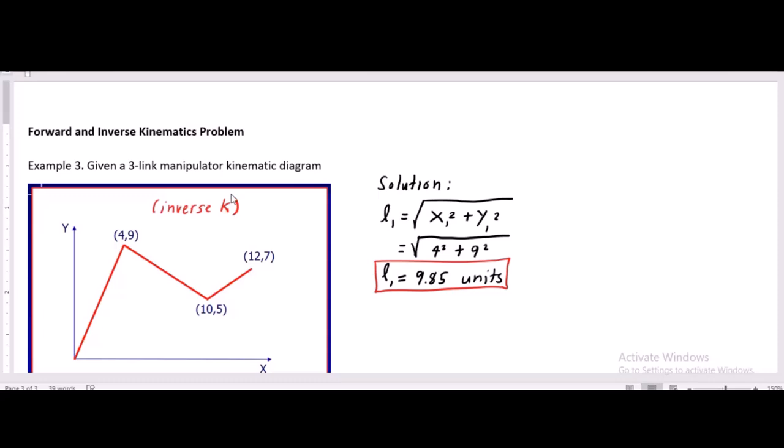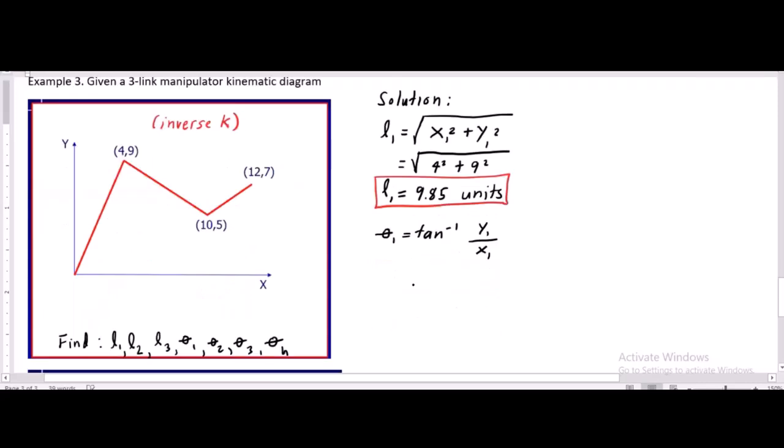After L1, let us solve for the theta 1. It's simply inverse tangent of y1 over x1. Substitute the values. Inverse tangent, your y1 is 9 over x1, I mean 4. Then we got the theta 1.